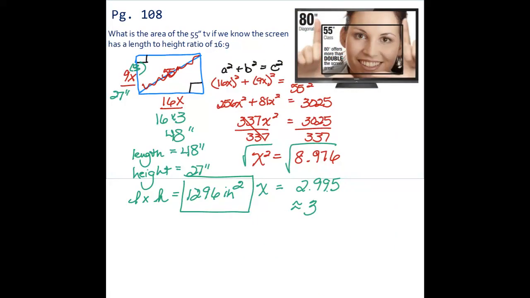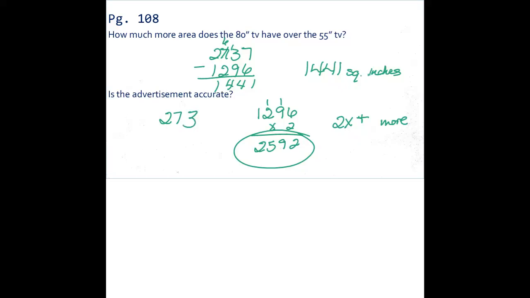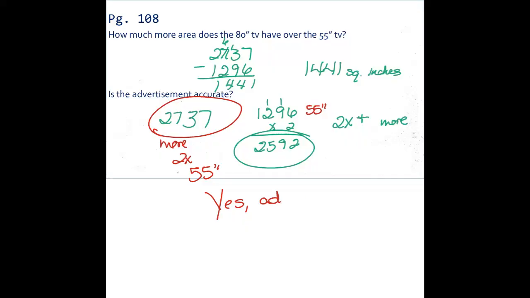Is that more than 2 times double of the smaller one? Yes. This is more than 2 times the 55-inch, because here is double the 55-inch TV. So yes, the ad is accurate. Woo!